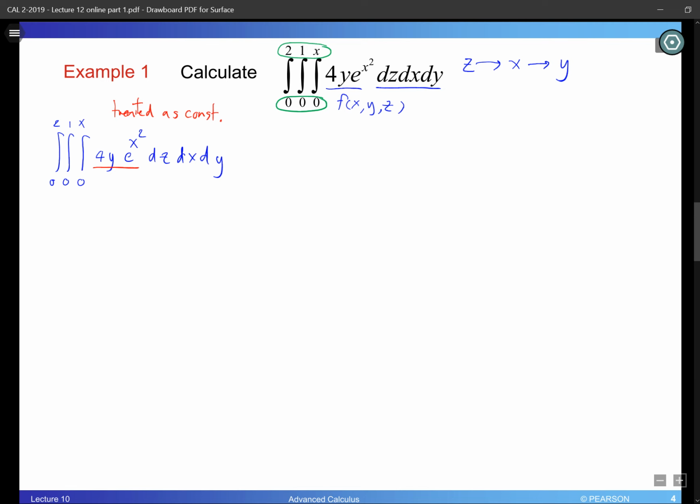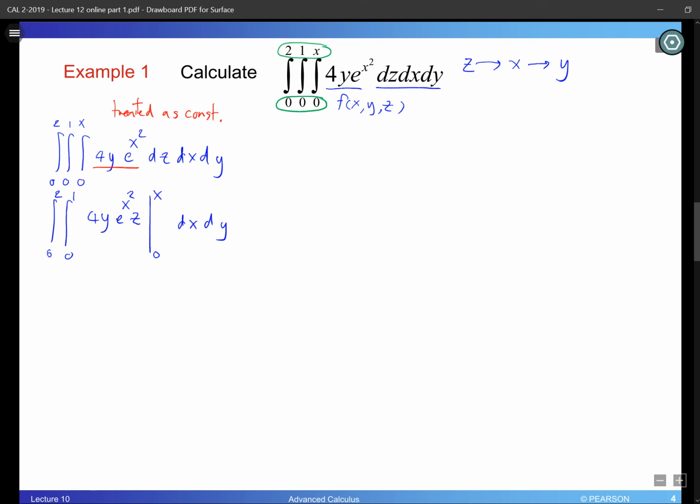So integrating a constant with respect to z, z is going to show up: 4y e to the power of x squared times z. We have to evaluate this at z equal to 0 and x. We still have two more integrals to put in, dx, dy.